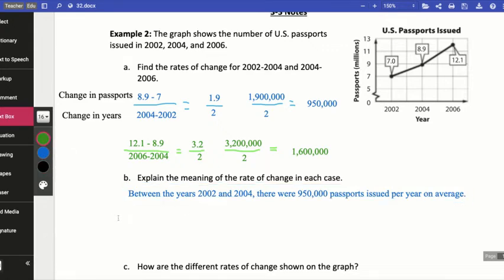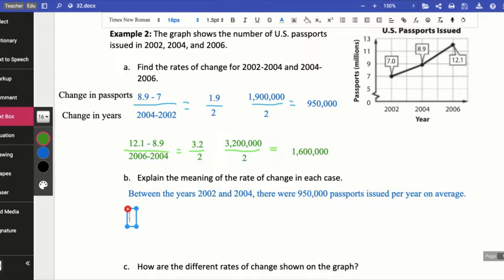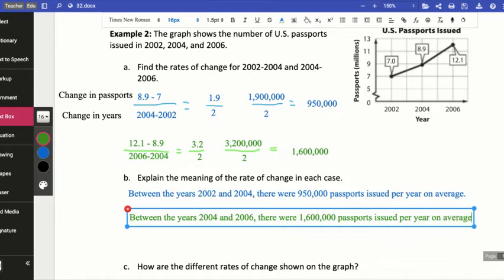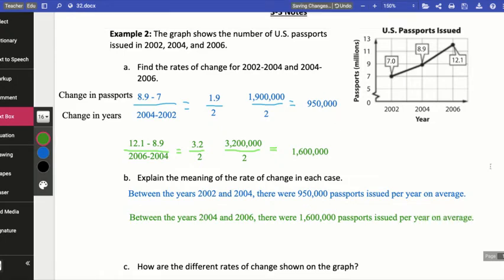And we can say something very similar for this value that we got. We could say between the years 2004 and 2006, there were 1,600,000 passports issued per year on average. And you could also add in the U.S. if you wanted to add more details.